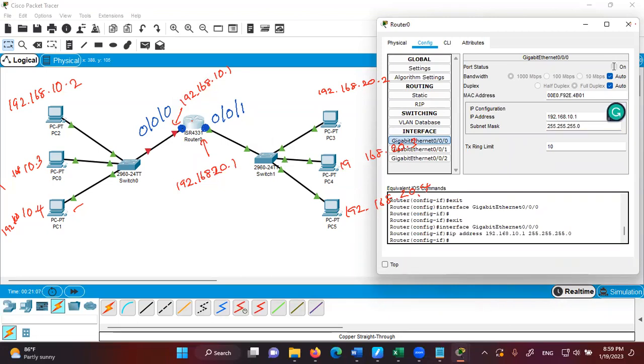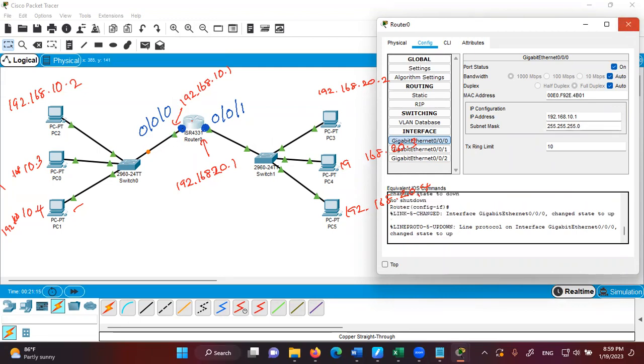Again, we have to switch on the interface. Switch on කරනවා නැත්නම් connect වෙන්නේ නැහැ. Switch off කරොත් red color වෙනවා. See here. Switch on.